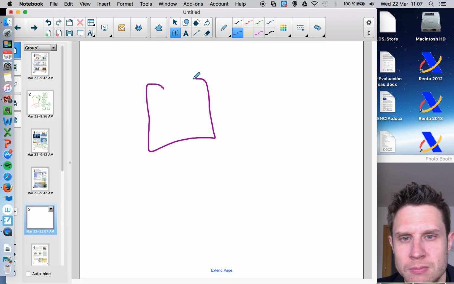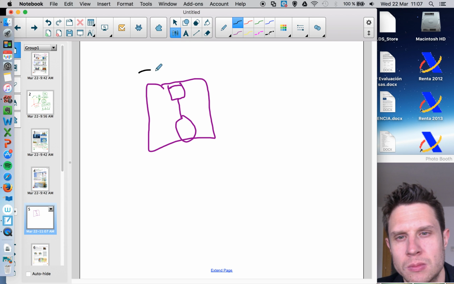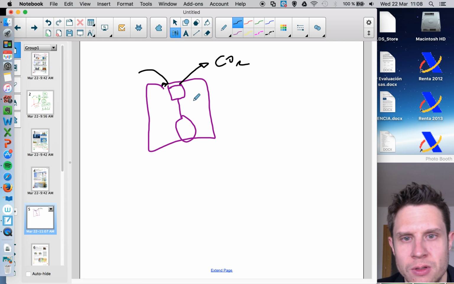Explain that, Marcos. So this is an engine. Imagine that. We have a piston and a crank. We put gasoline here, and then we burn it, and we have these emissions.